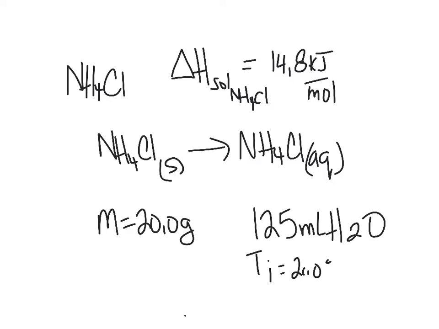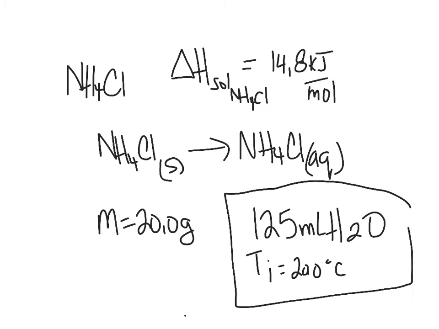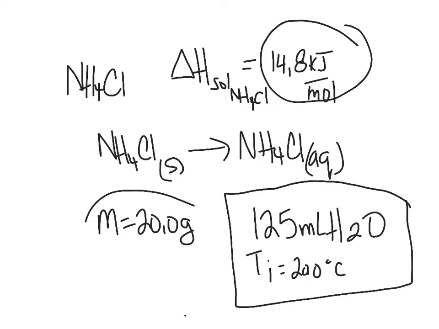Ooh, that's my bad, square. Started out as a circle. So that's the only information that is for the surroundings. This is for the system, and this is for the system.